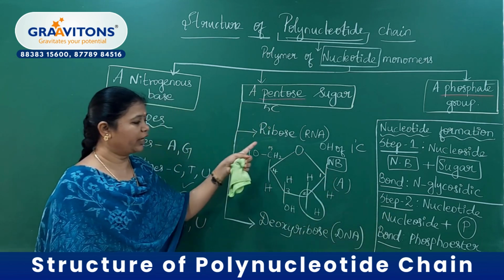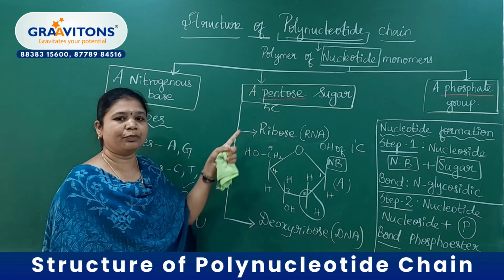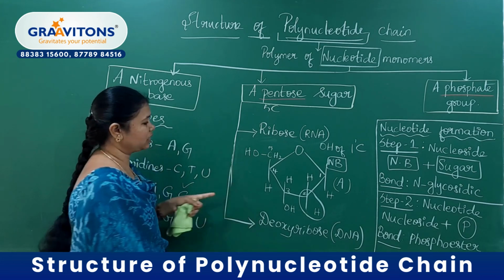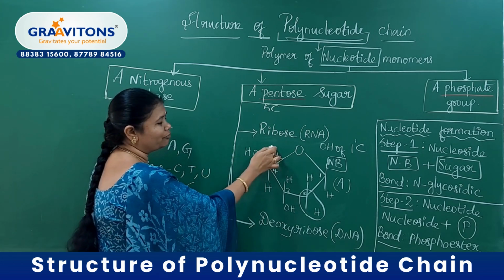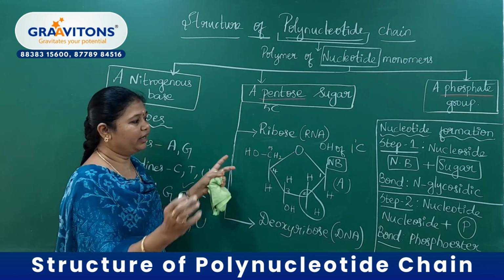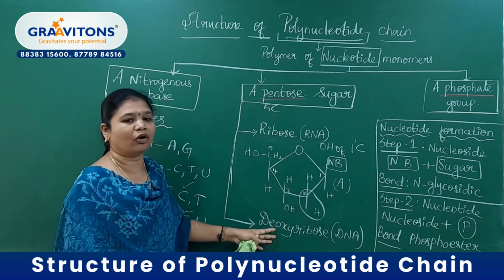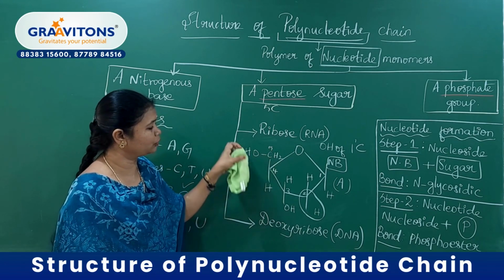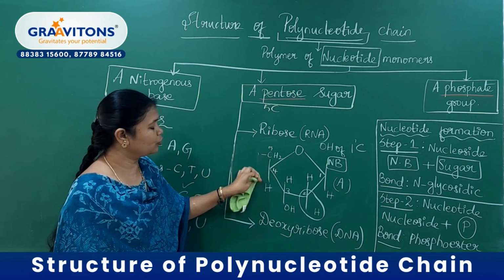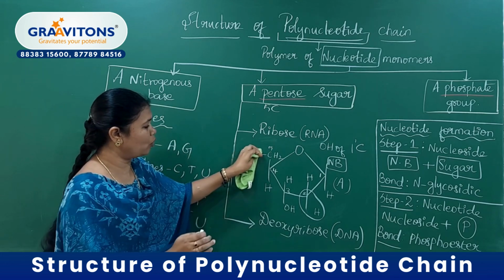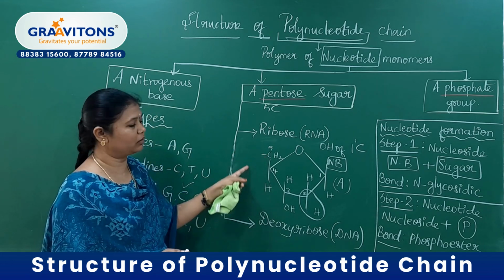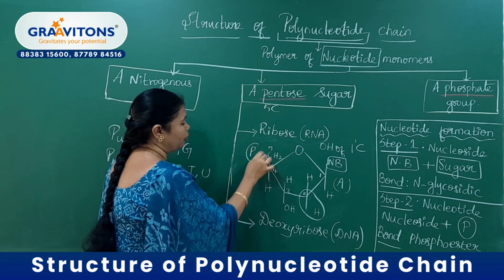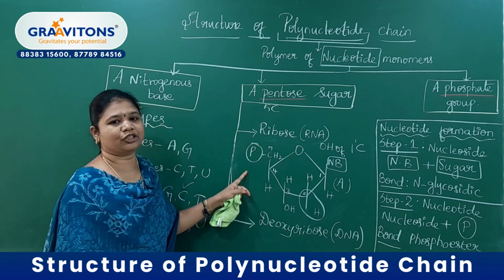To the nucleoside, a phosphoric acid or phosphate group has to attach. The position of attachment is the OH of the fifth carbon of the sugar. Both groups bond with the sugar. The fifth carbon is this CH2, and the phosphate group is linked to the OH of the fifth carbon. Here also a dehydration reaction occurs and the phosphate gets attached.